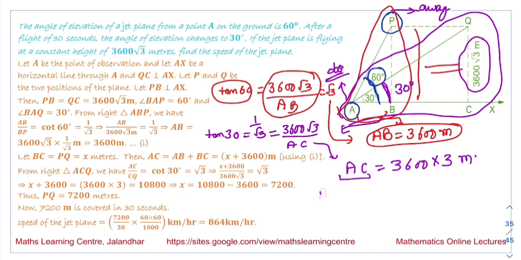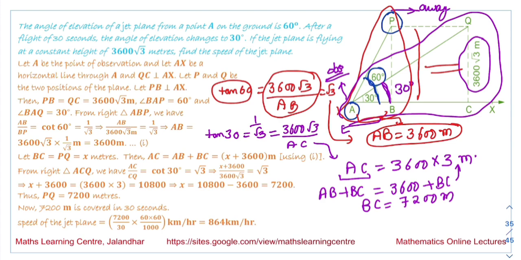This AC is equal to AB plus BC. So this is equal to, we are saying the value of AB is 3600 plus BC equal to this value. So we get that the value of BC is 7200 meters.